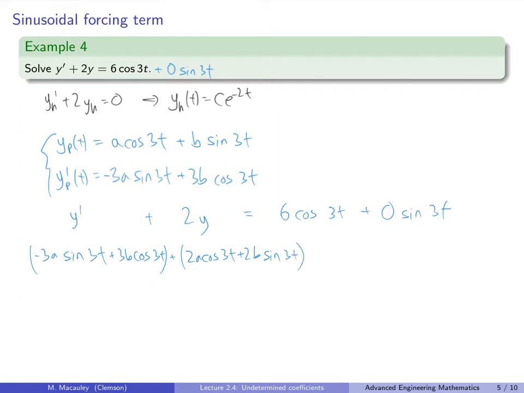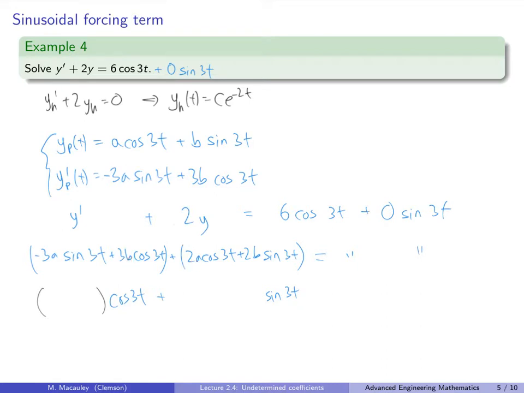Now, let me just leave the right-hand side blank. Let's simplify this a little bit. So let's group together the sines and cosines. How many cosines of 3t do we have? And how many sines of 3t? So let's see. We have 3b and we have 2a.